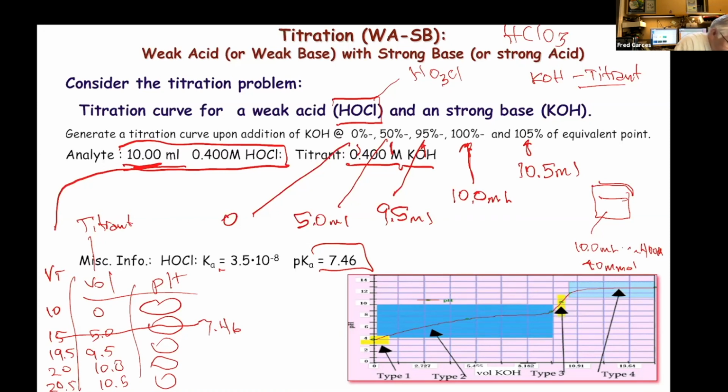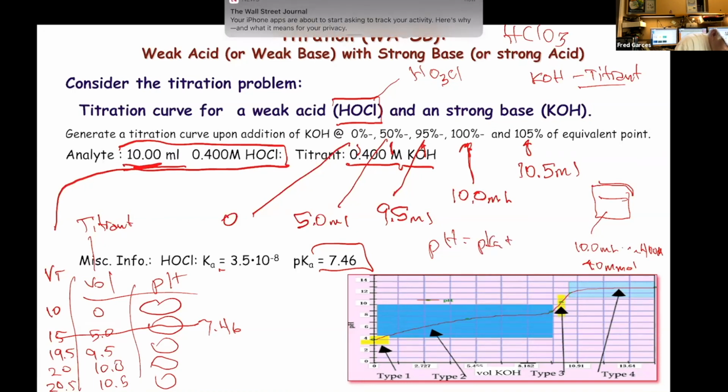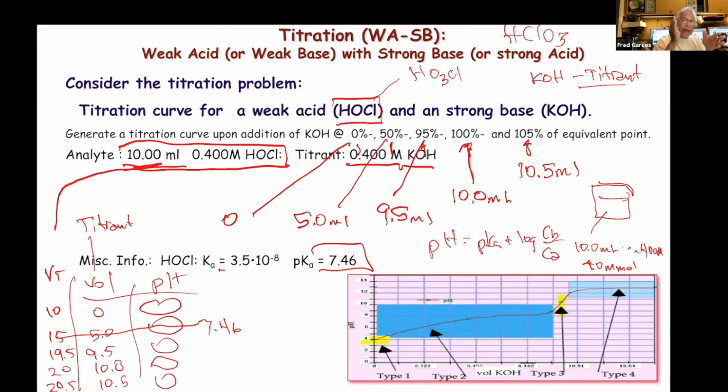Because according to the Henderson-Hasselbalch equation, when I have equal amounts of the acid and its conjugate, that's at 50% titration. Let me say that again, at 50% titration, not 100%. If they're equal amounts, that goes to 1, log of 1 goes to 0, pH equals pKa.